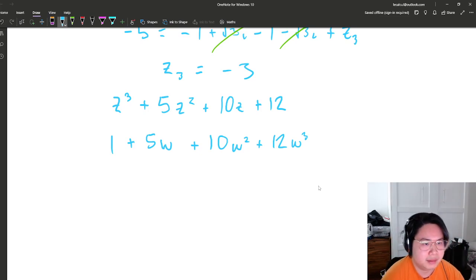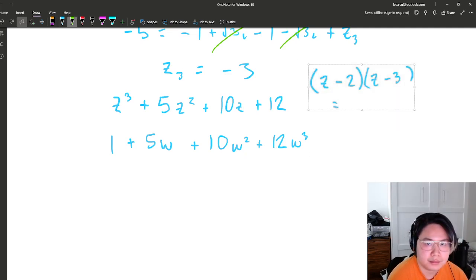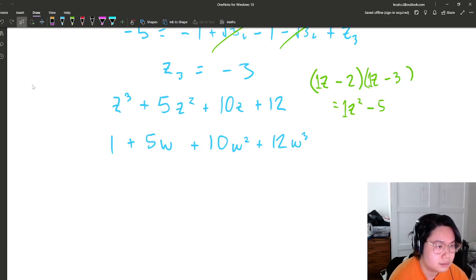But I'm going to use this little tidbit about polynomials. So let's say, for example, you have this. This is going to expand and make this polynomial here.